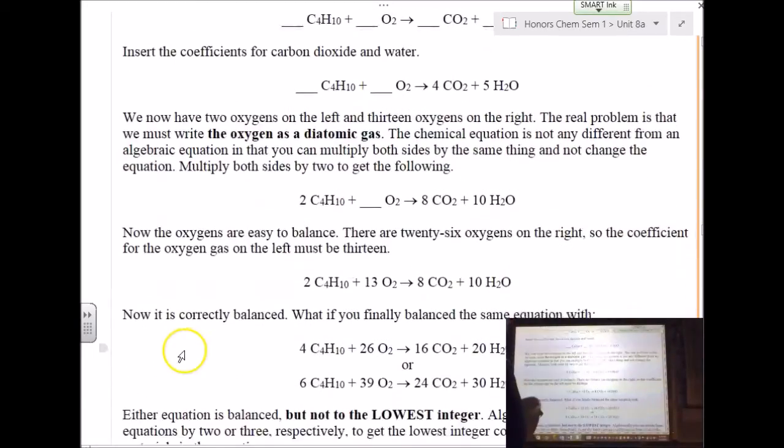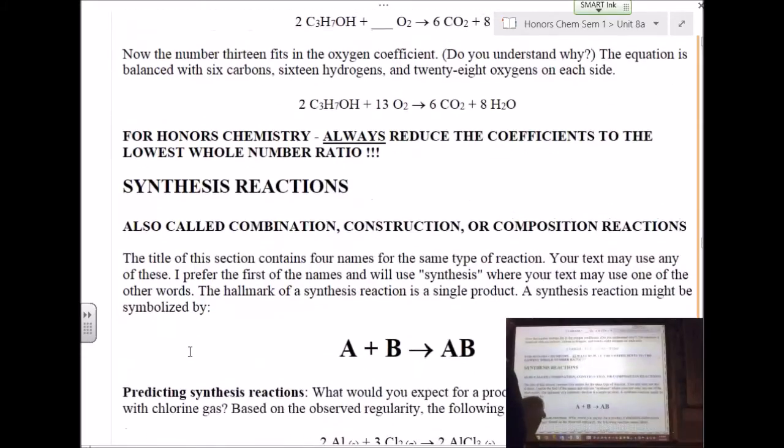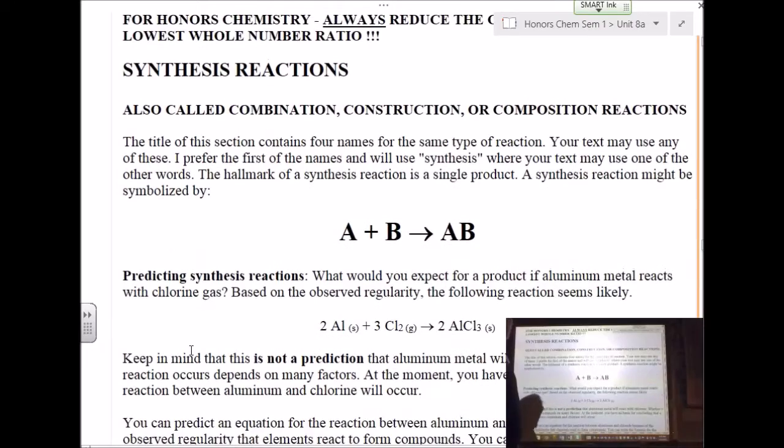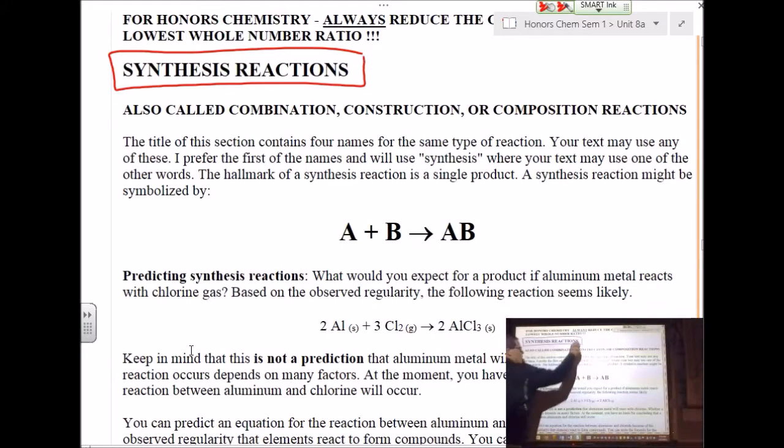The next type of reaction, and this just goes over how all those take place. The next type of reaction is called a synthesis reaction. And once you think about it, it's like, really? We're doing this? Yeah. So what I'm doing is I'm taking A and B and putting it together and making AB. Yeah.